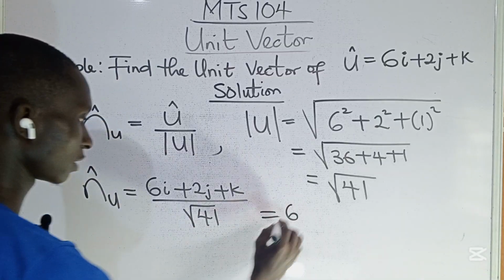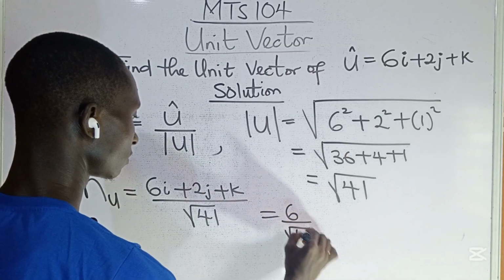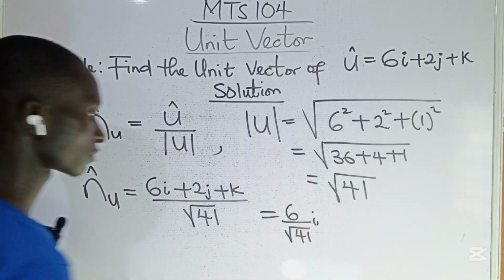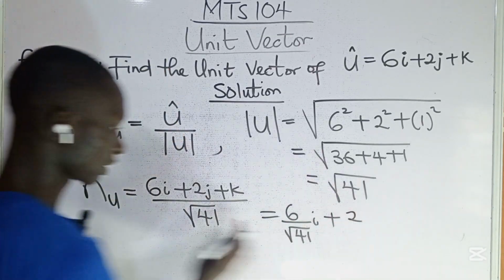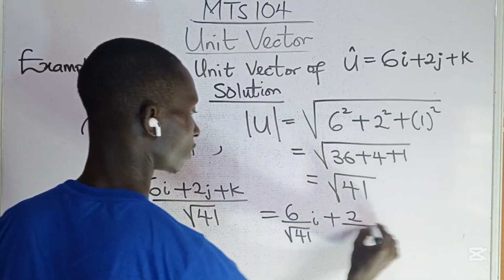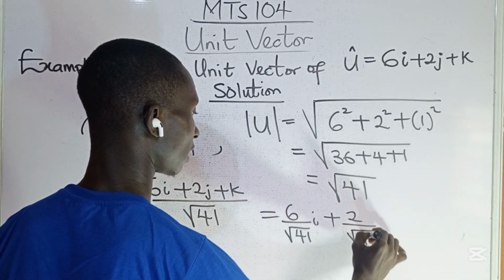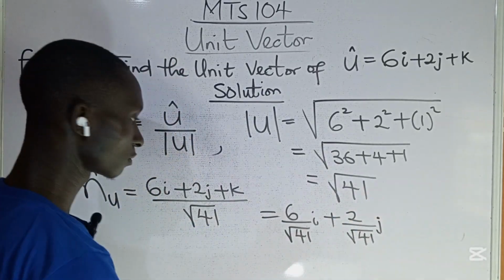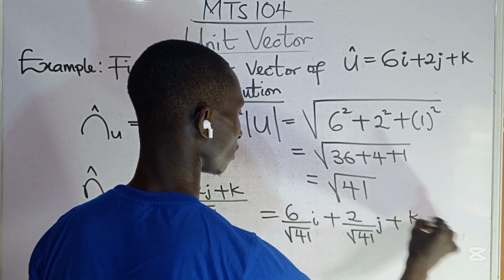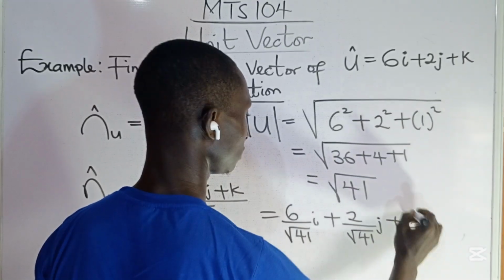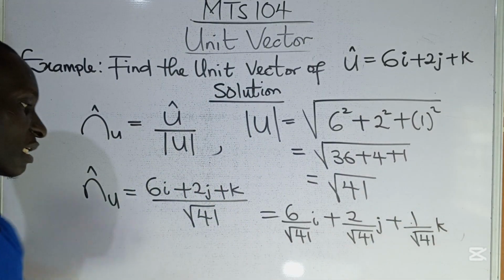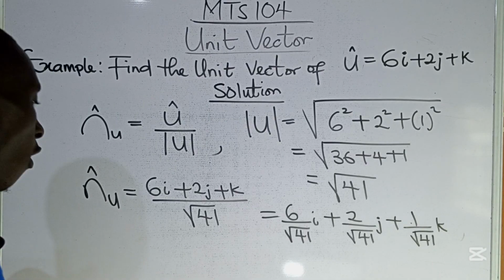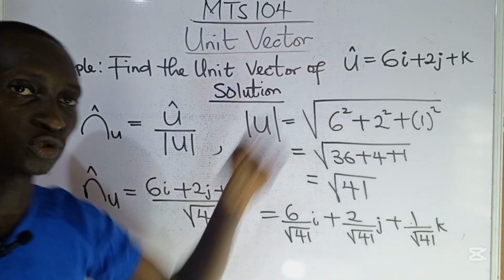That is 6 over root of 41 i, plus 2 over the square root of 41 j, plus k, which is just 1 over the square root of 41 k. So this is the unit vector of vector u.